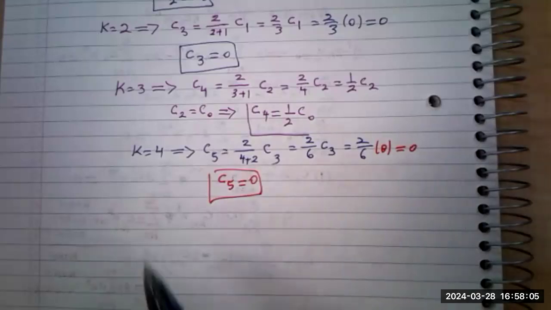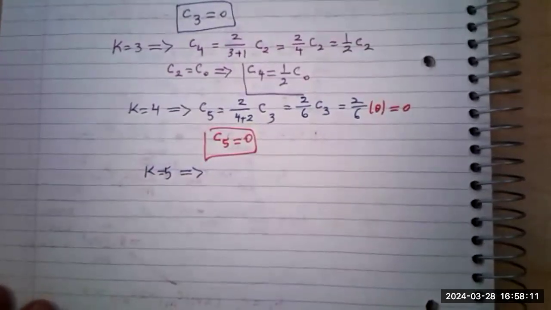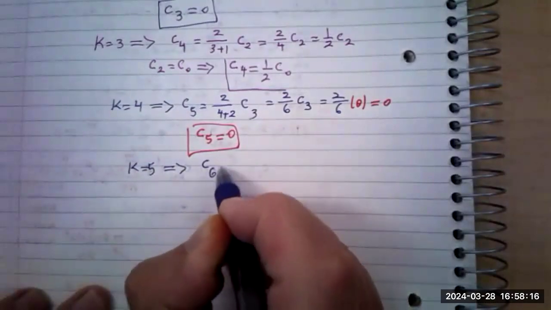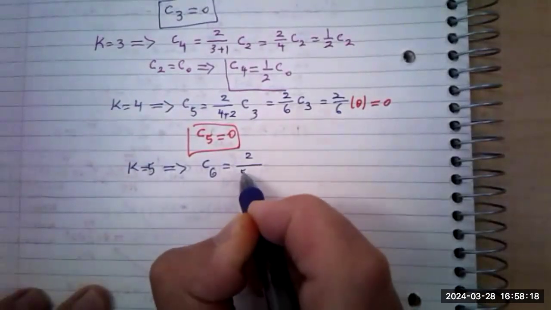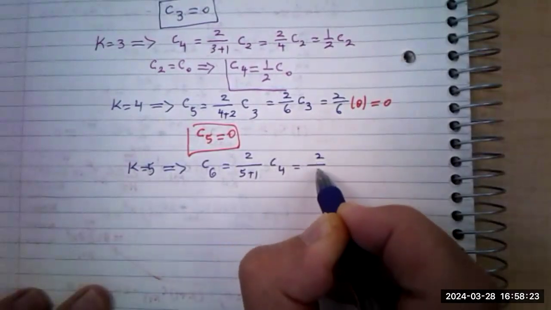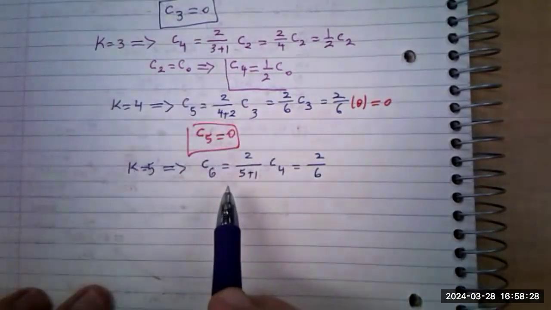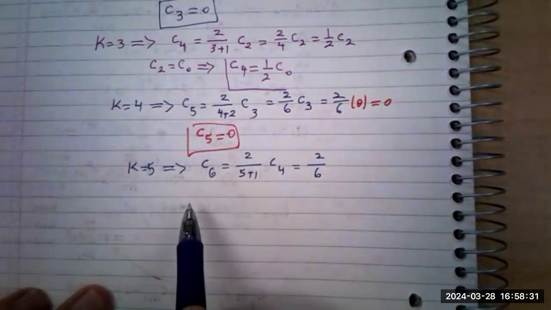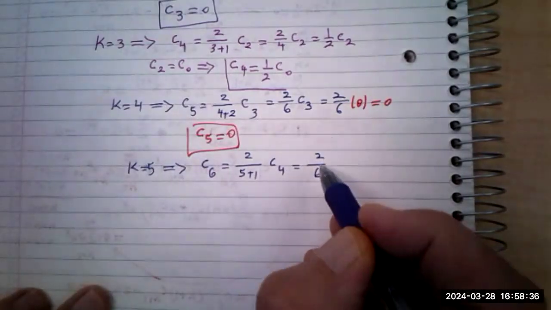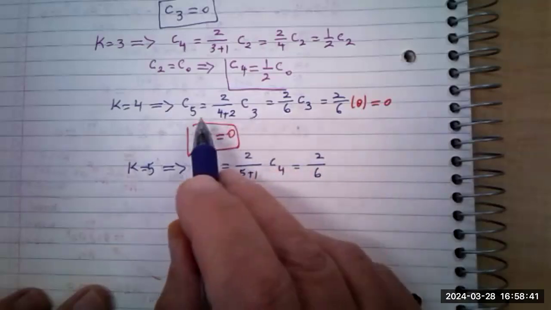To get these numbers, I go with 5 and list that, the fifth line. So that gives C6 now. C6 is equal to 2 over 5 plus 1 times C4, so that gives you 2 over 6. Going with 5, that's going to be C6 from C4.